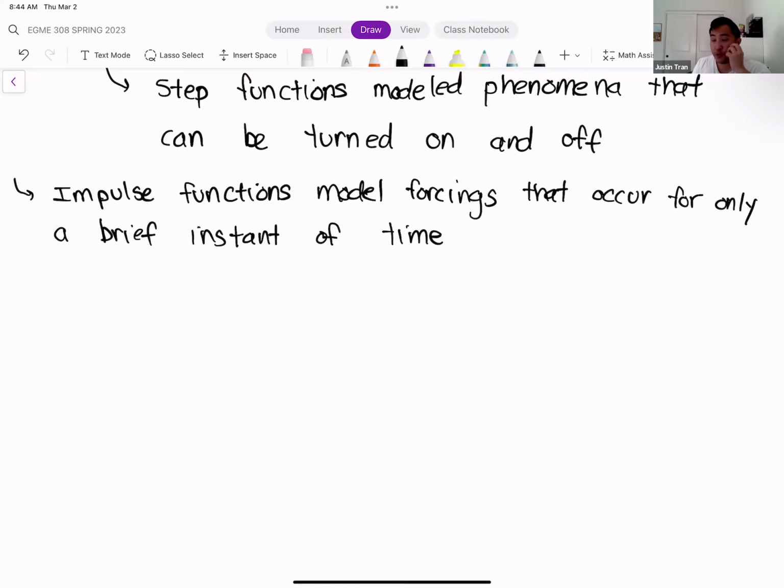If you model the impulse function, you'll understand what that means. You might have seen this function before in a previous class, maybe in a physics class, but this special function is called the Dirac delta function. Dirac delta is another name for the impulse function.